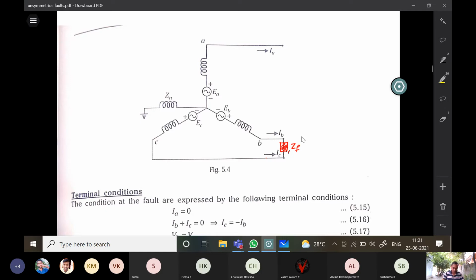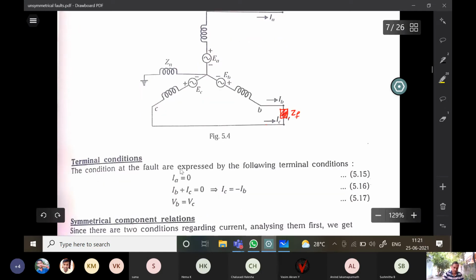So what happened to the terminal conditions? IA is equal to 0, same as it is. IB plus IC is equal to 0, so write as it is: IC is equal to minus IB, same thing. And VB becomes, what is the voltage across B? VC is also present here.